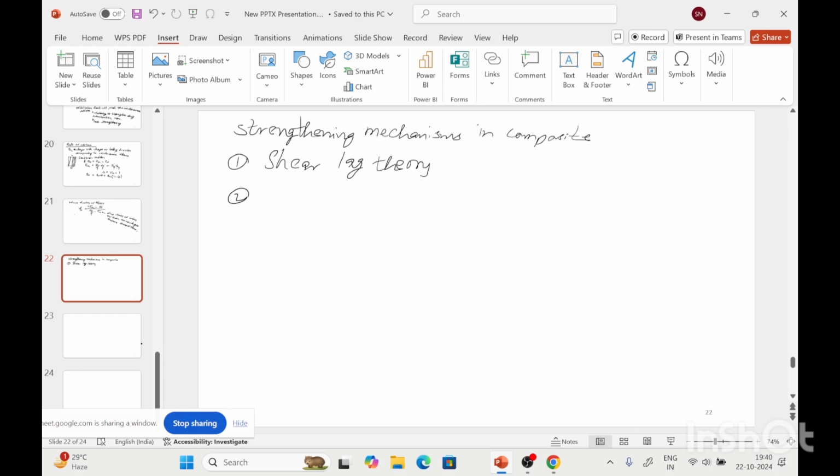Second, dislocation mechanism. Third is grain size strengthening.